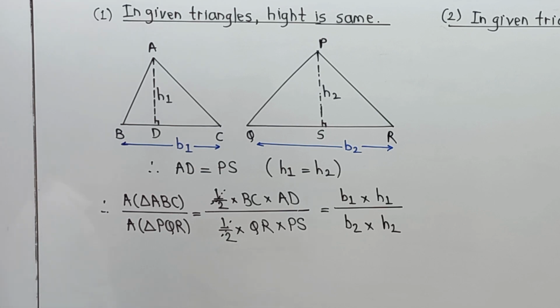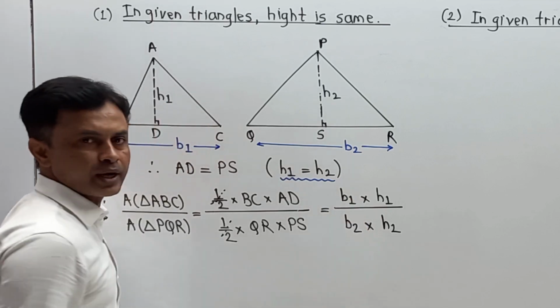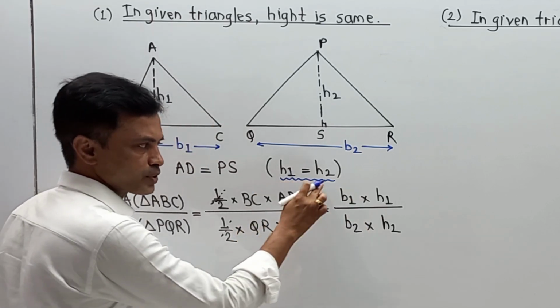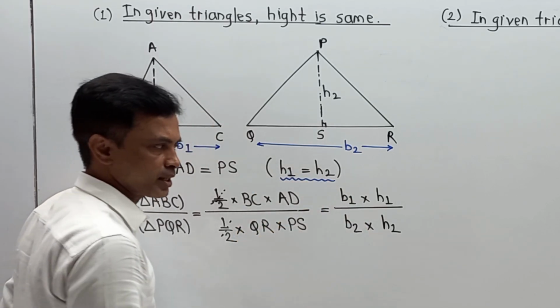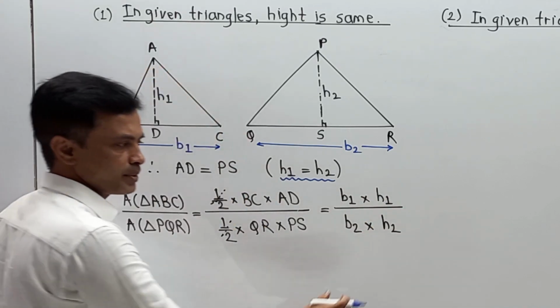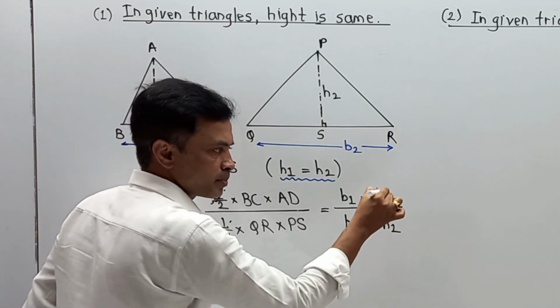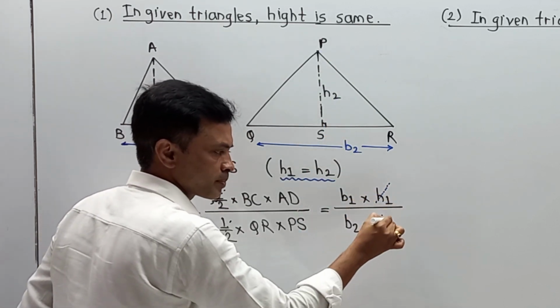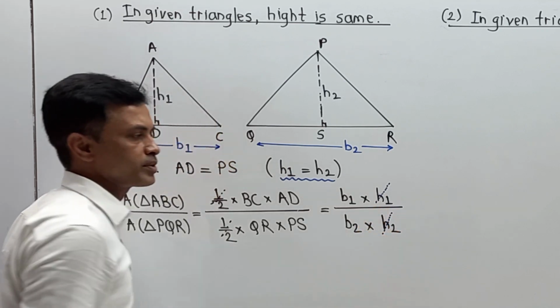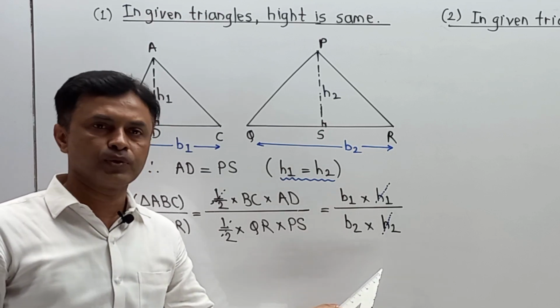And by logical presentation we already know that the height of the first triangle is exactly equal to the height of the second triangle. So the height of the first triangle, let us say 7 centimeter, is exactly equal to the height of the second triangle, means 7 centimeter. Means in numerical terms we can easily cancel the height of the first triangle divided by the height of the second triangle. Here it simply gets cancelled.